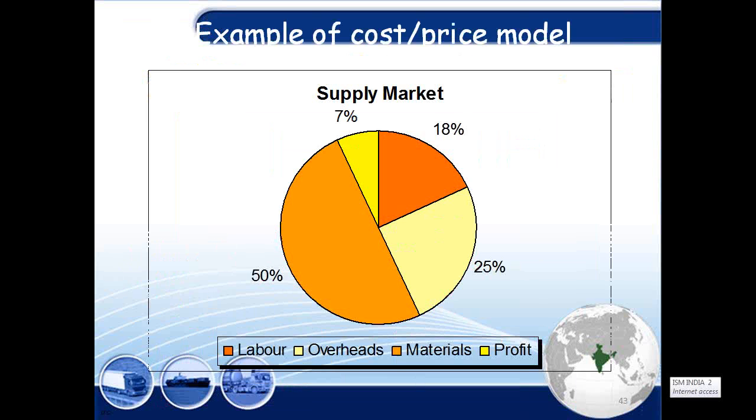Supply markets: here I'm just giving you a split of the costs. The labor cost is hardly 18%. Then overhead cost, and material costs, which you guys are involved in procuring or getting for the supplies, in any company, whether in service or this, you are the one major spend. The purse of the company is in your pocket in one way.